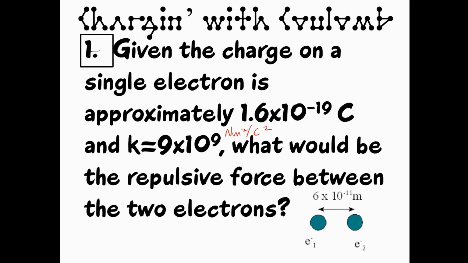How much force are they repelling from each other? Using the guide strategy and guide method, located on page 0 of the study guides, the first thing you do is jot down all the information that is given. We have the charge on a single electron, approximately 1.6 times 10 to the minus 19 coulombs, and that represents the amount of charge.